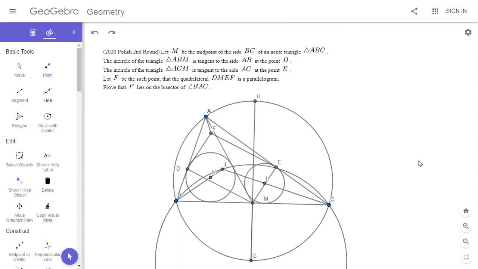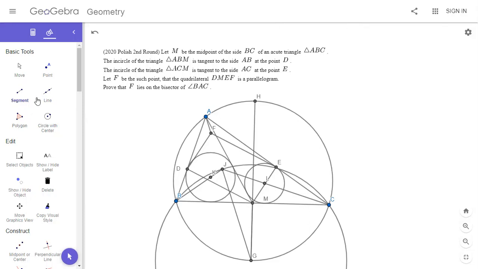Right, I'm going to work on this for 15 more minutes. Maybe we could use the radical axis theorem. We want to show DJ and the parallels.